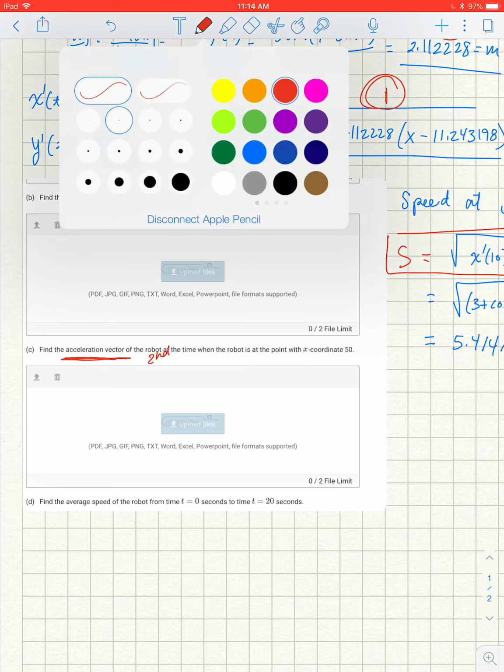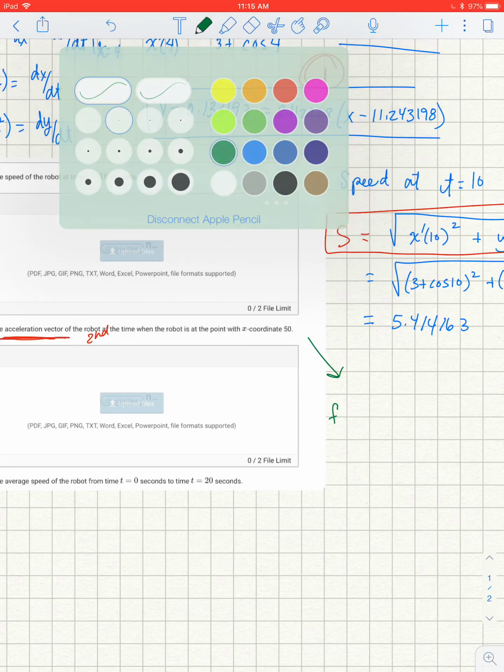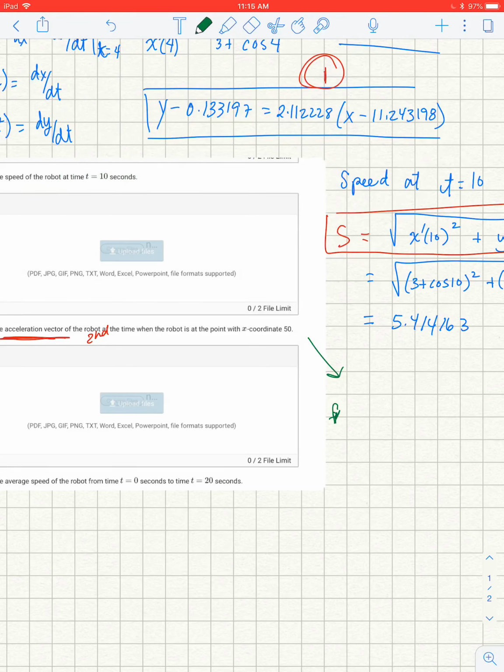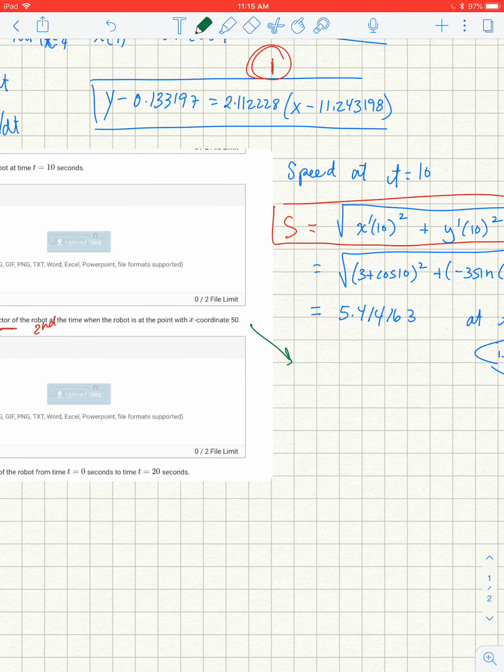Yeah, you're looking for x double prime. So for here I want to find acceleration, which is going to be x double prime of t comma y double prime of t.